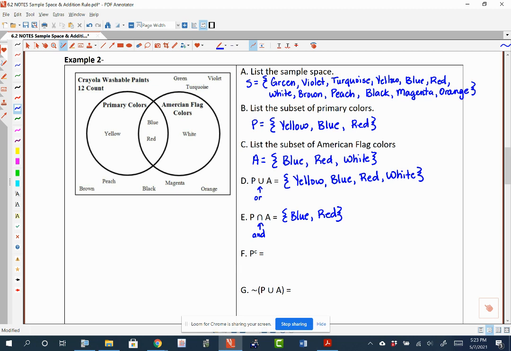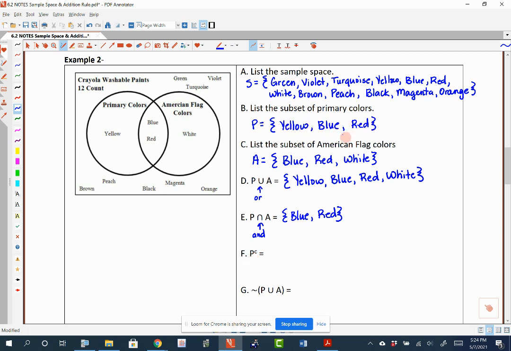Problem F, we see that P with a little C in the exponent, which means that's that complement. So we're thinking of all of the outcomes that are not a part of my subset. Now, which subset? Because we had two of them, right? We had our primary colors and our American flag colors. So we'll really notice that this says P, so I'm thinking my primary colors.